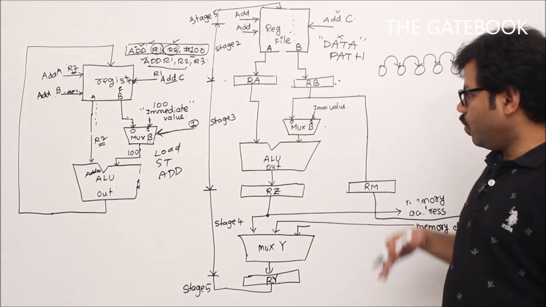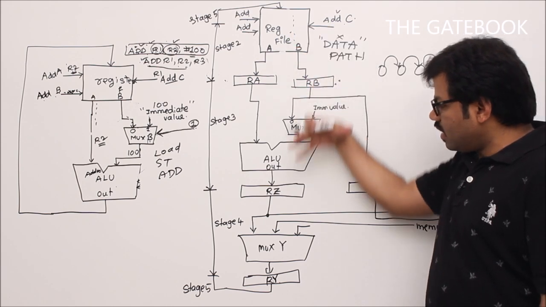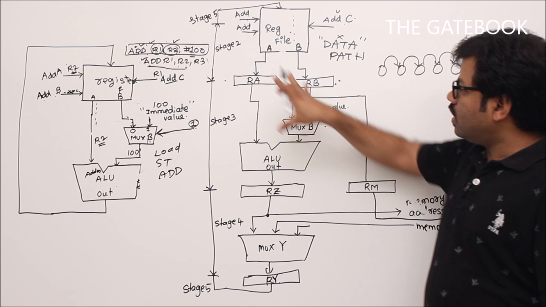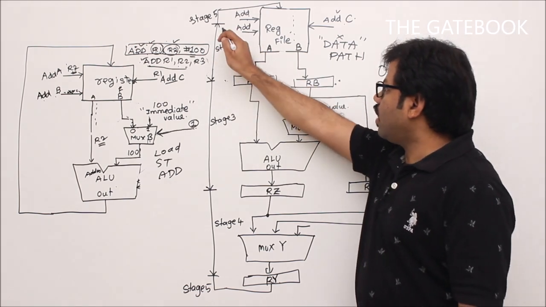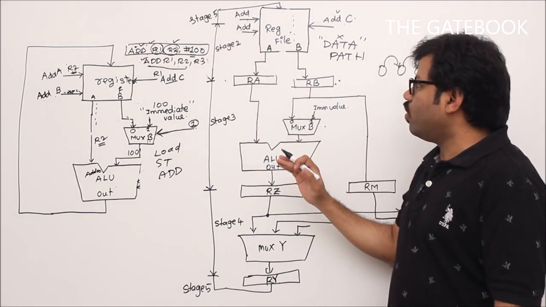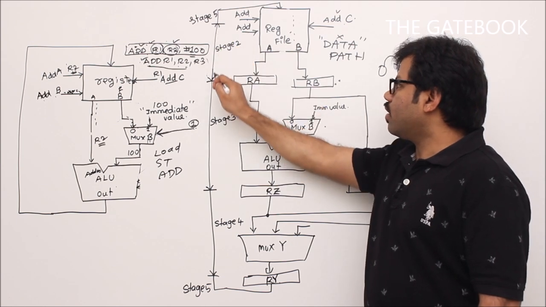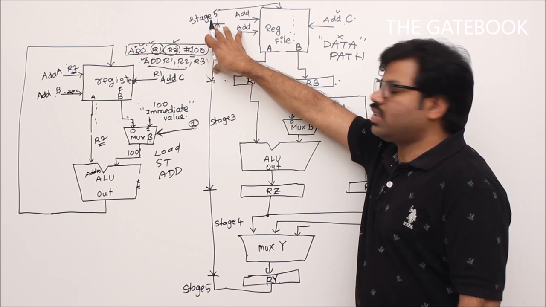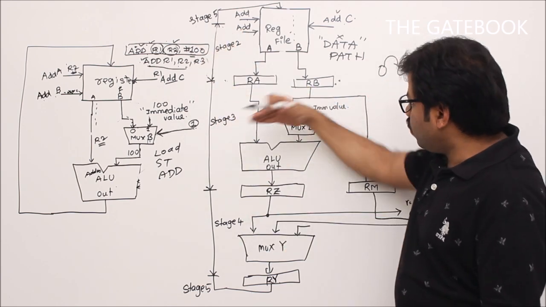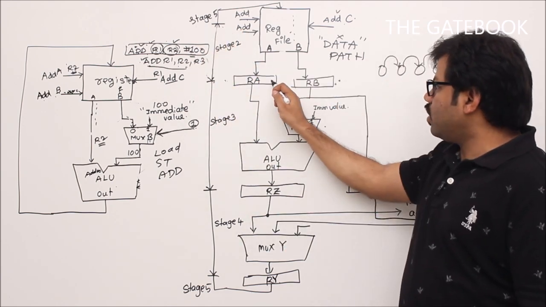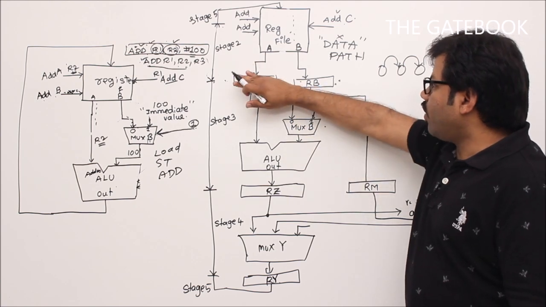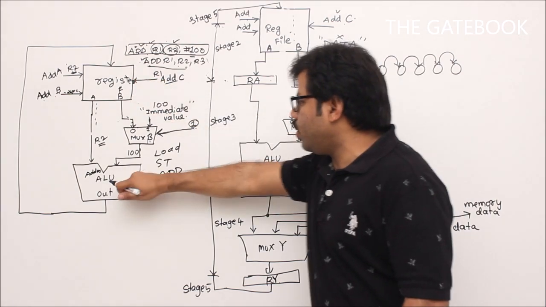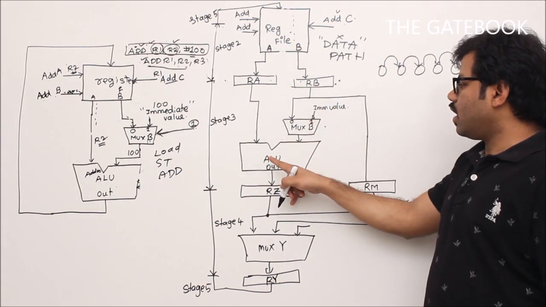We will imagine this circuit as stages. Slowly you will understand, don't worry. Here to here, this circuit is going to do stage 2 functionality. Now, if I forget these registers, the register file is connected to the ALU.